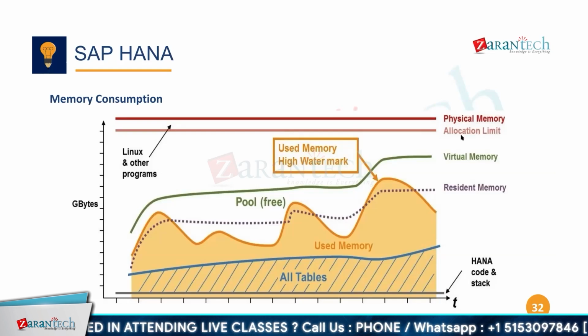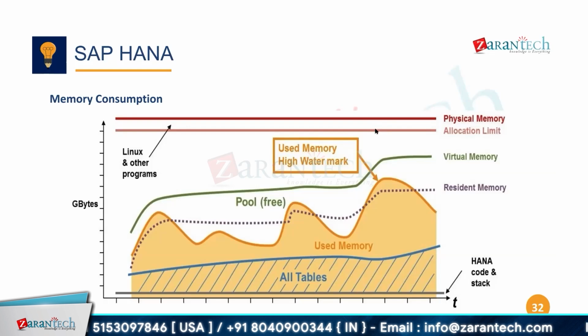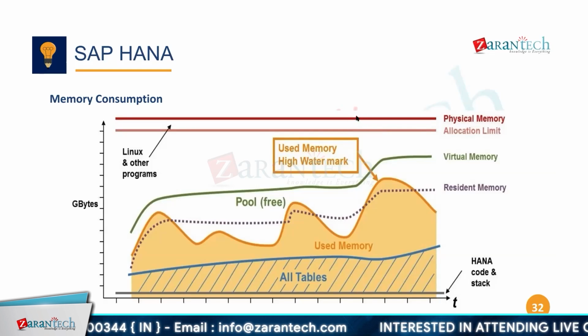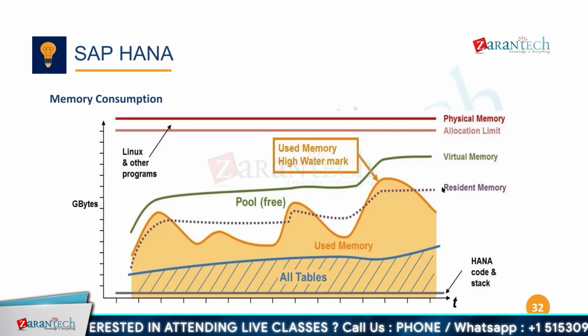So it will go up to the allocation limit, 1.9 TB. Even after that, you can define that it uses the remaining 10% also, so it can go up to the physical memory. This is what it means. Okay, so the virtual memory and resident memory, just keep them for theoretical purposes.